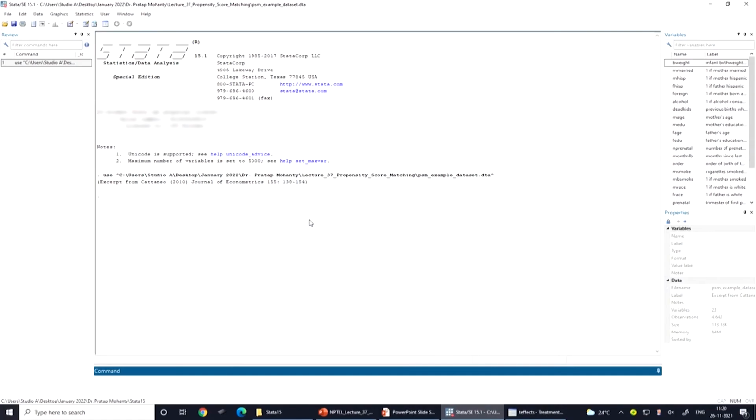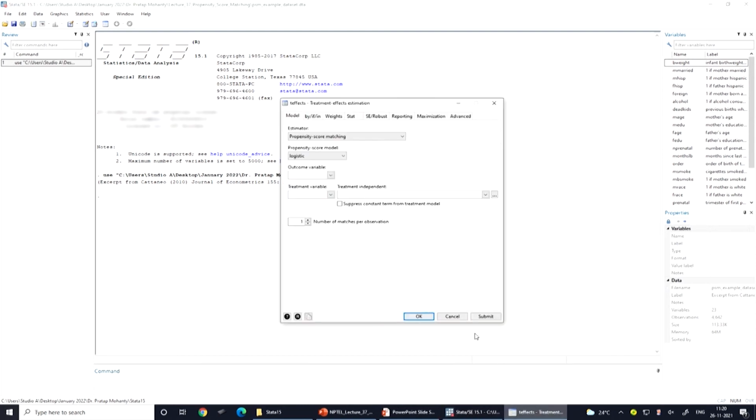So, it is here on the screen. We will once again go to the point. The outcome variable, as I already mentioned, is the birth weight of the baby.